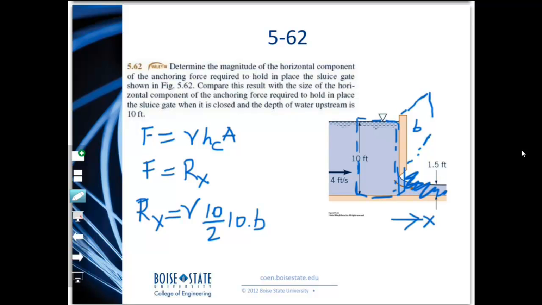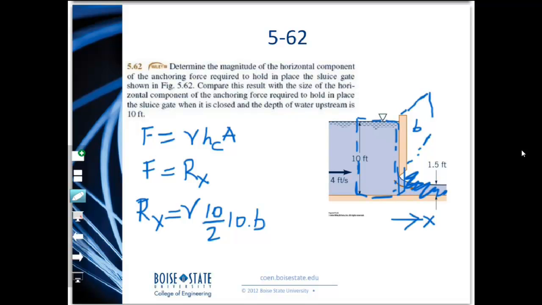If you put in the numbers and divide Rx by b, and if you use the correct units, it's feet, so use gamma here from your British units in pounds per cubic feet.